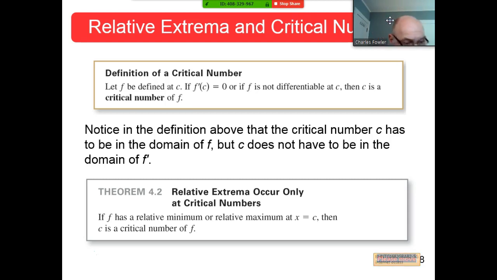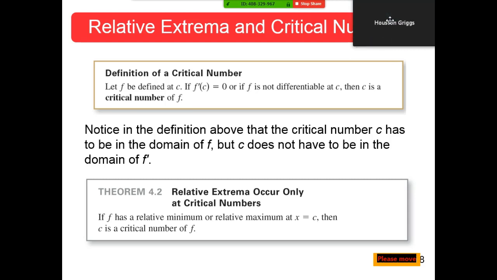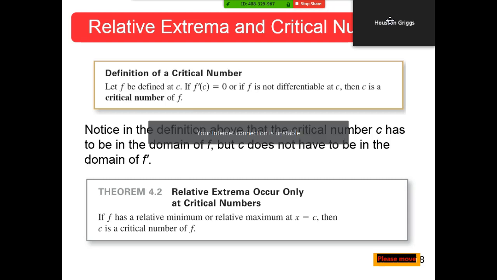We're in Chapter 4, Applications of Differentiation, Section 4.1, Extrema on an Interval. Last time we talked about relative extrema and were just beginning to introduce the concept of critical numbers. That's where we begin today on page 208, very top of the page. In fact, I thought there was a slide before that.